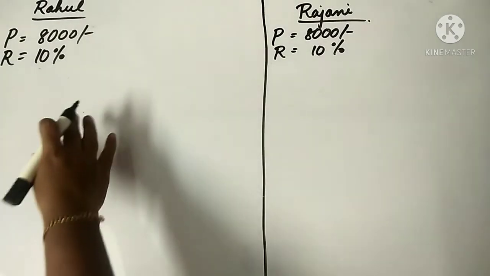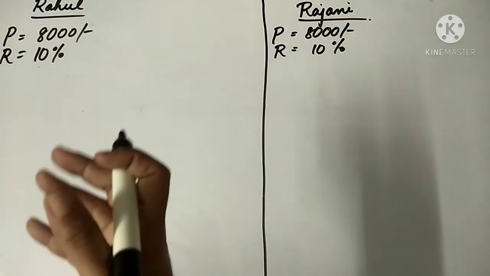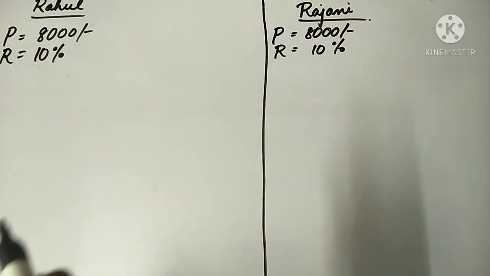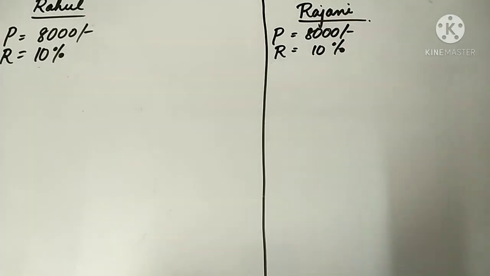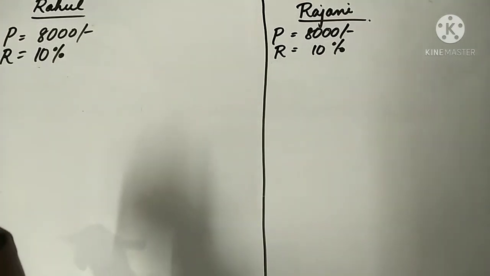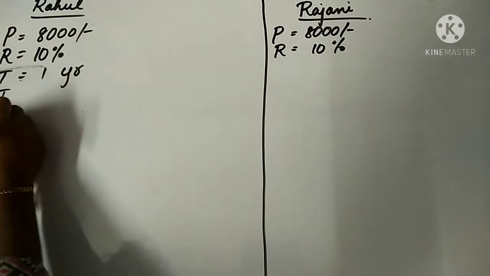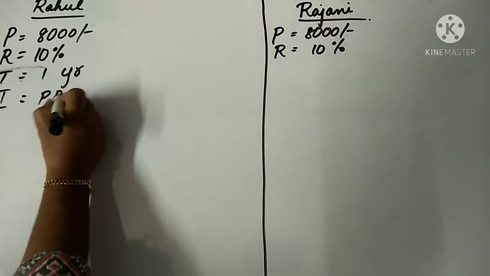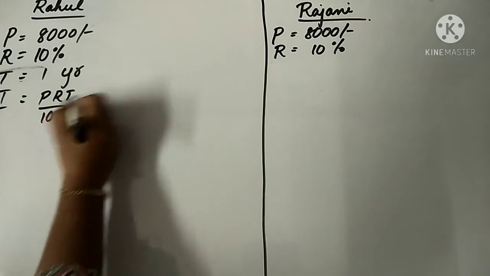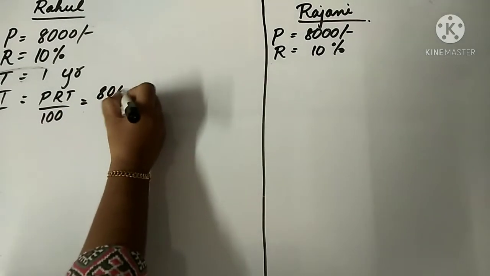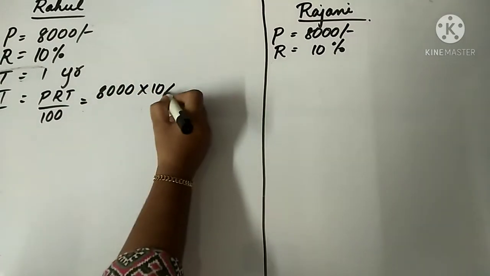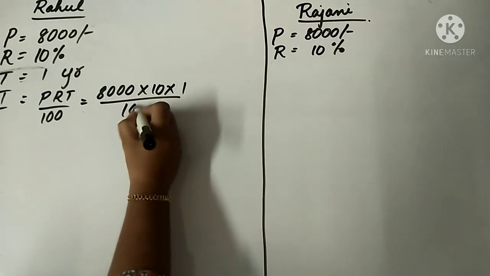In the case of Rahul, after 1 year, he withdrew the amount as well as the interest and redeposited once again. So we write time is equal to 1 year. After 1 year, interest is equal to PRT by 100, that is 8,000 into 10 into 1 by 100.